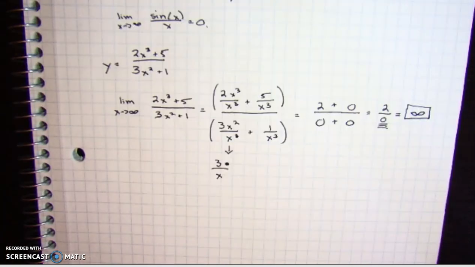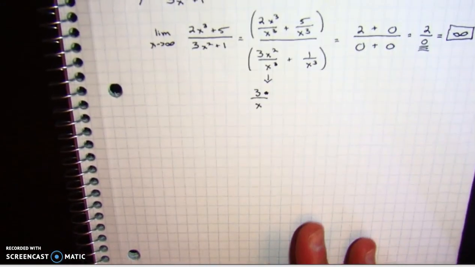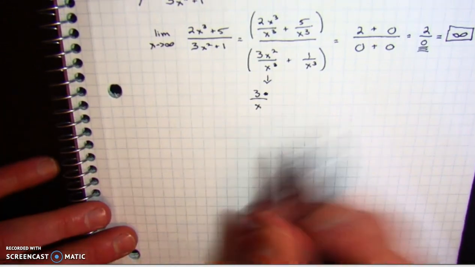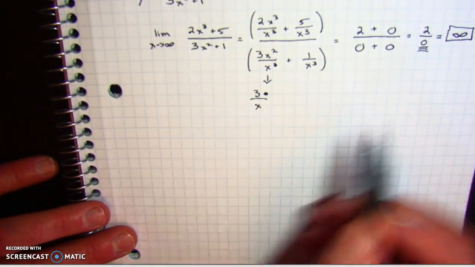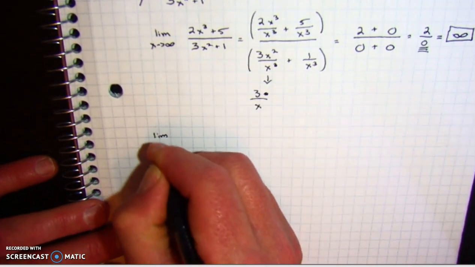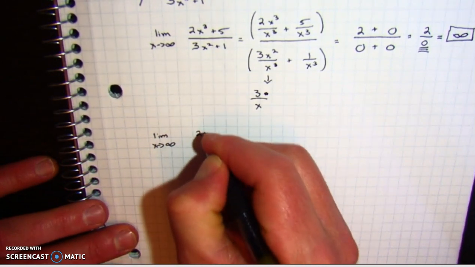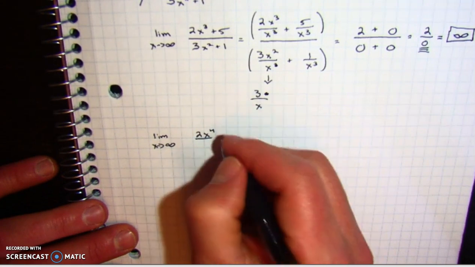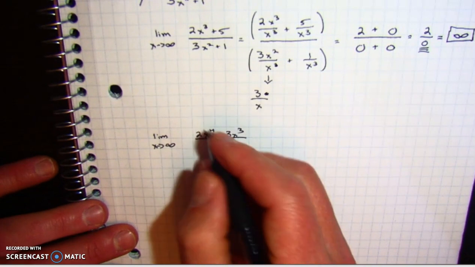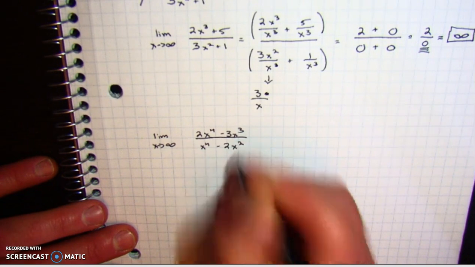So let's go over one more example and see if this works, one that doesn't go to infinity. Let's say we have the limit as x approaches infinity of 2x to the 4th minus 3x cubed over x to the 4th minus 2x squared.